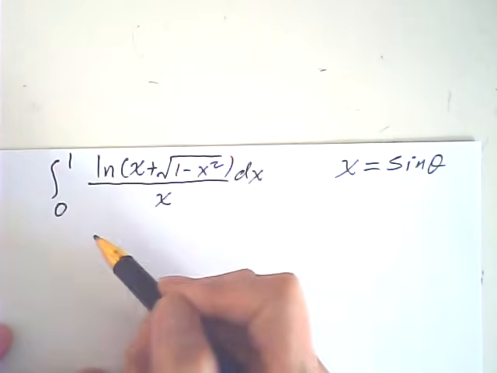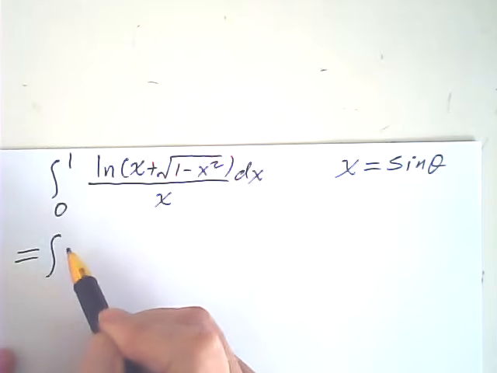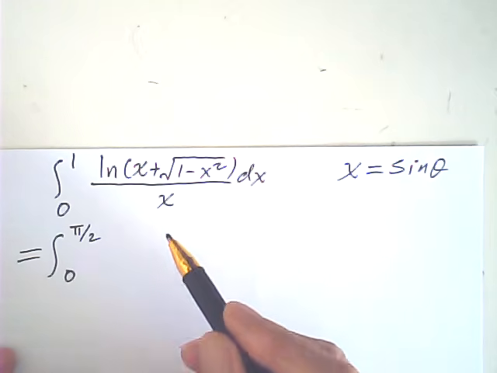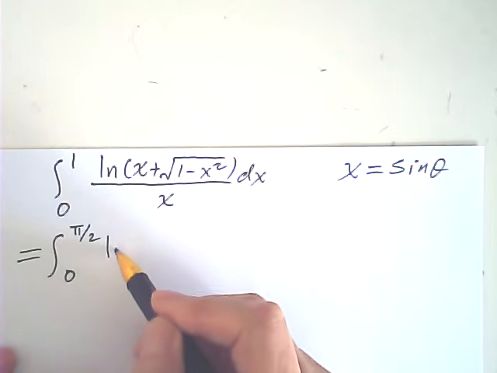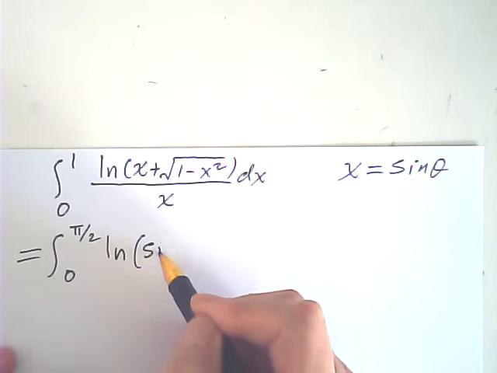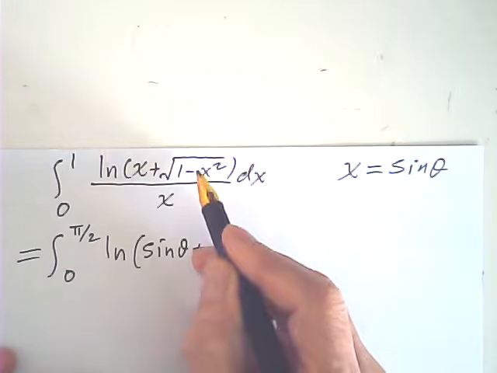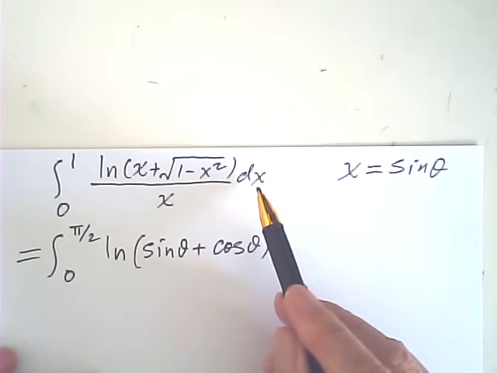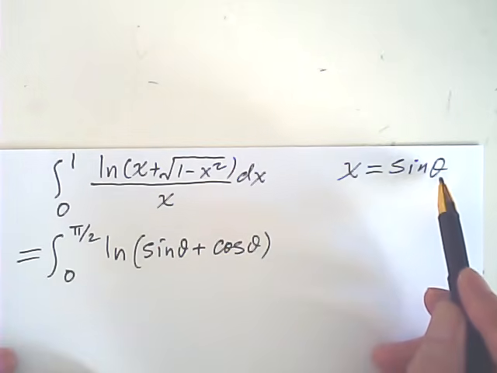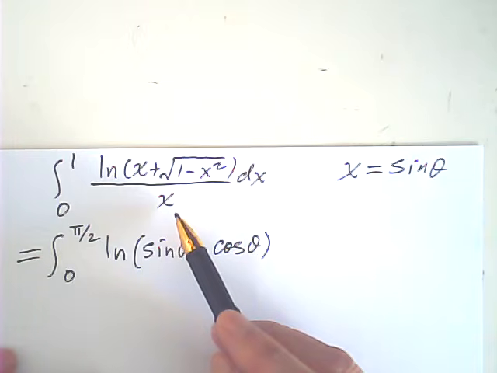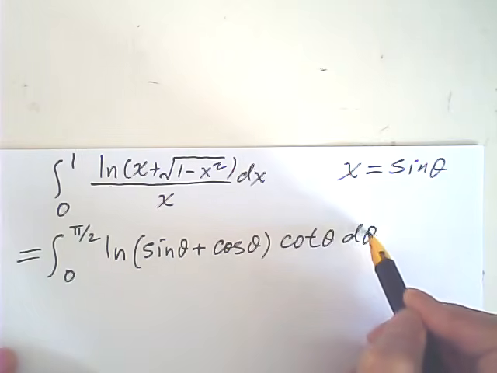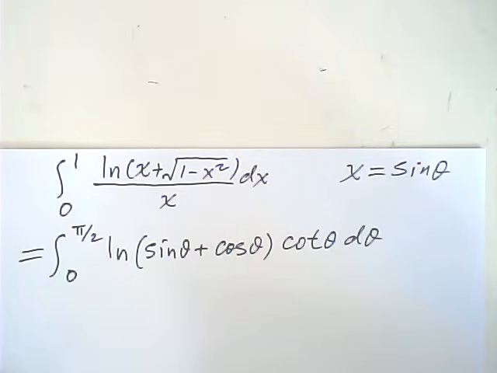Okay, so the integral becomes from 0 to half pi now, and the log, this is sine theta, this is cosine. dx will be cosine theta d theta over sine. It will become cotangent. So cotangent theta d theta. Very good.